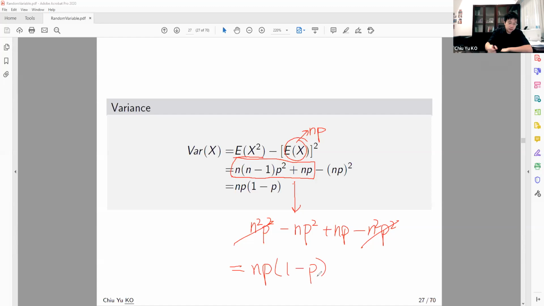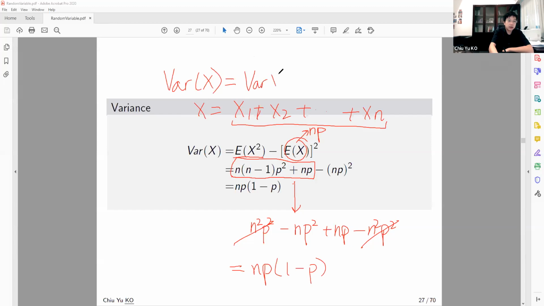But if you remember our idea, variance of x, if x is equal to x1 plus x2 plus up to xn, and if they are independent, then you can write this as variance of x1 plus variance of x2 plus up to variance of xn. A binomial is actually a sum of Bernoulli variables, and they're independent.